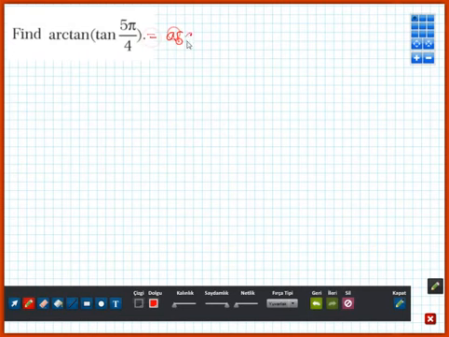And arctangent 1 is equal to? Now, we said that the angle must be between minus pi over 2 and pi over 2. The angle between minus pi over 2 and pi over 2 for which tangent is equal to 1 is pi over 4. Result is pi over 4.